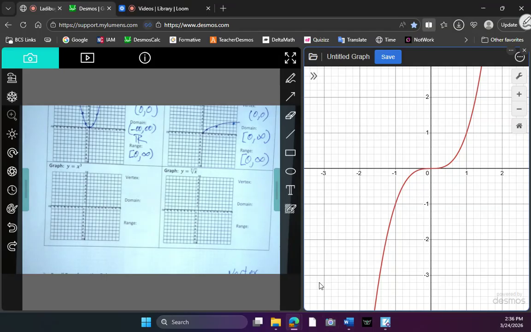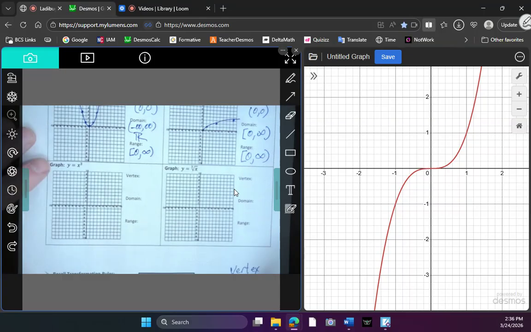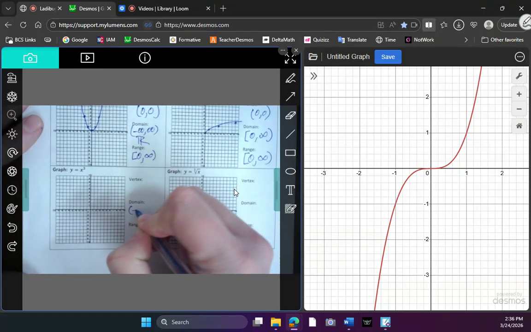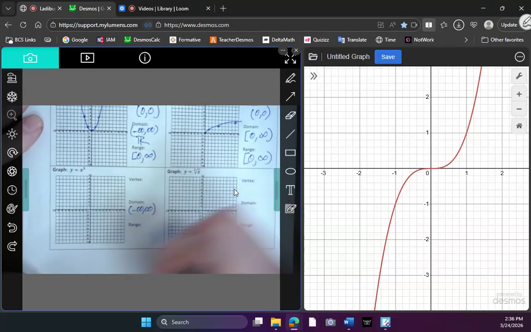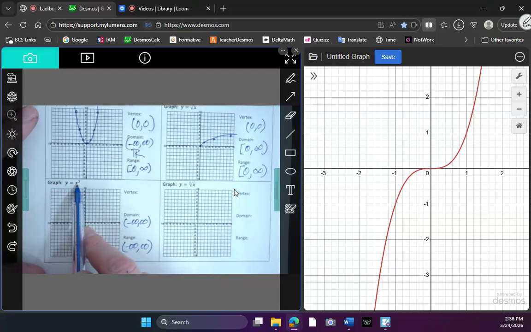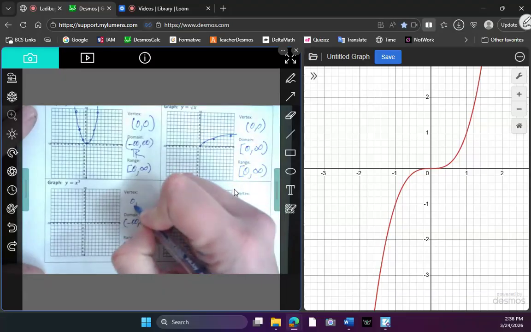And anything with the x cubed, or really an odd number, x to the third, fifth, seventh, ninth, or anything with a cubed root, and you'll see that here in a moment, or fifth root, or seventh root, or ninth root, the domain and range will always be negative infinity to positive infinity. And here the vertex, we don't see anything added or subtracted, so that's going to be 0, 0 yet again.